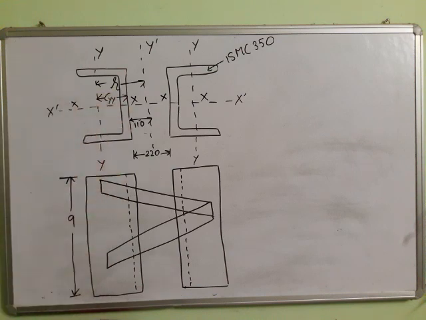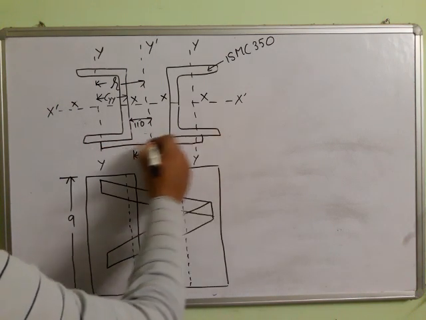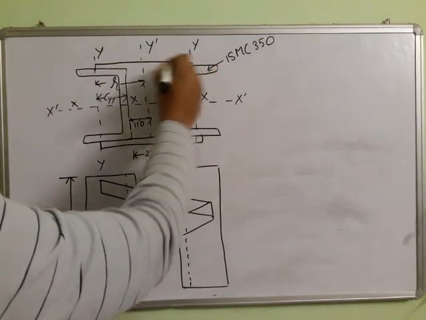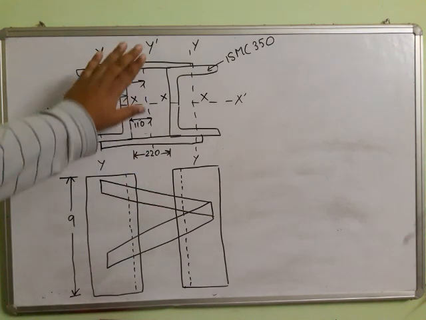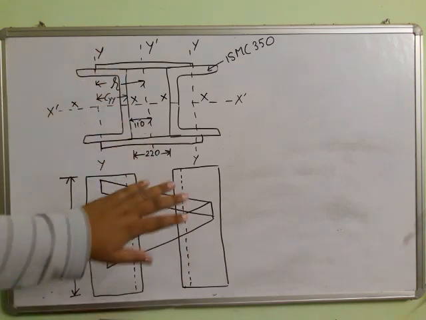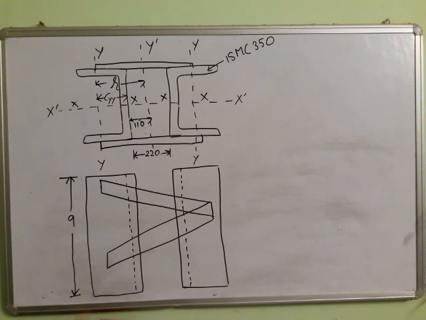Just imagine how it will look in the top view. Like this, isn't it? So these lacings in the top view will look like this, and in the view along the height, it will look in this manner. Okay, this is just a simple diagram I'm showing you.